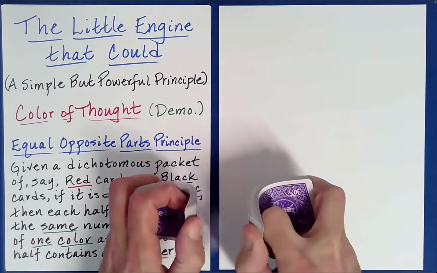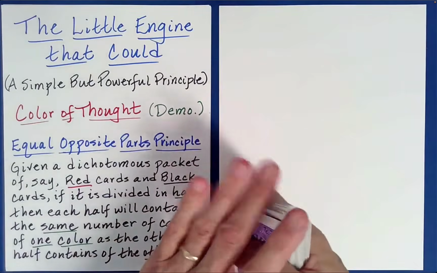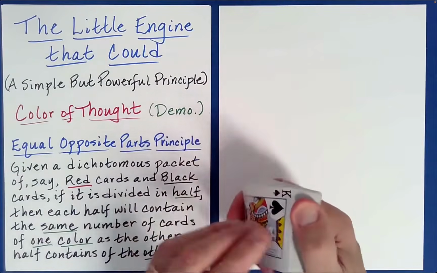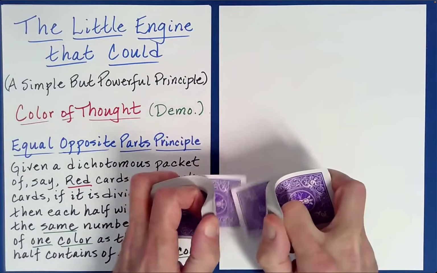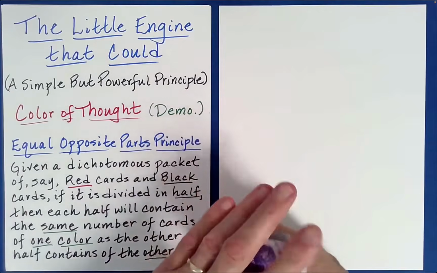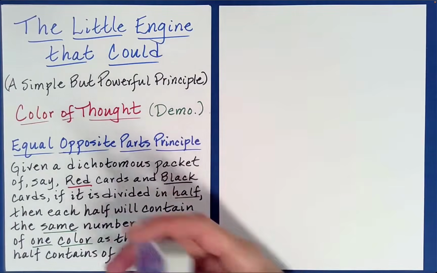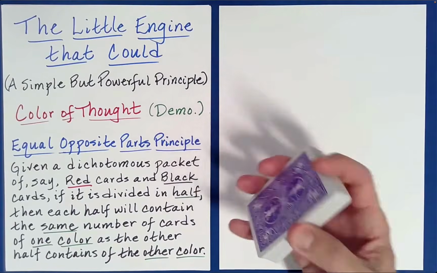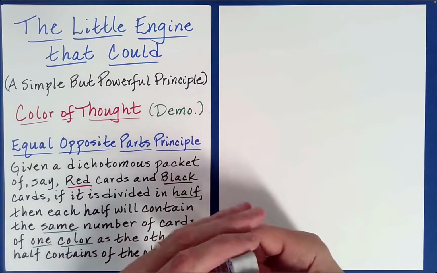And it's not a principle that's too difficult to wrap your mind around. Because of that, this is a little principle you can take with you the rest of your life. And using a shuffled deck of cards, you can accomplish some really fun, surprising things with the spectator.